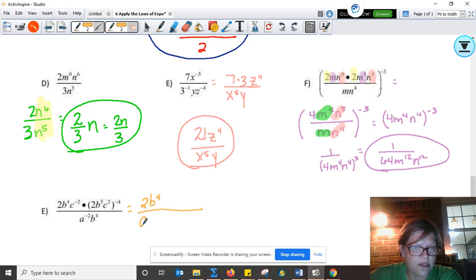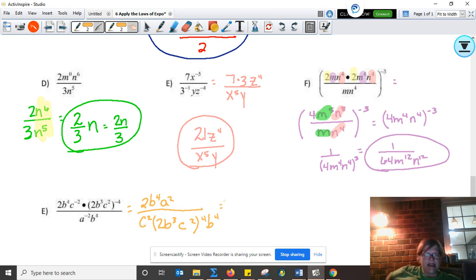C squared goes to the bottom. This right here is going to go to the bottom as well. Now down here, a to the negative 2 is going to move up top. A squared. B to the 4th stays on the bottom.